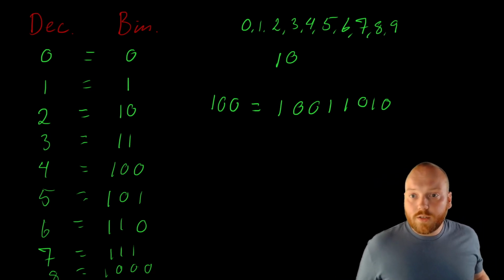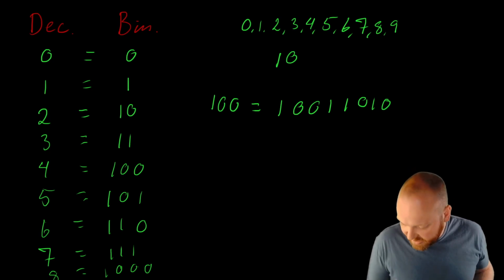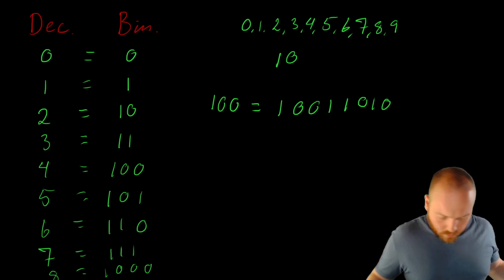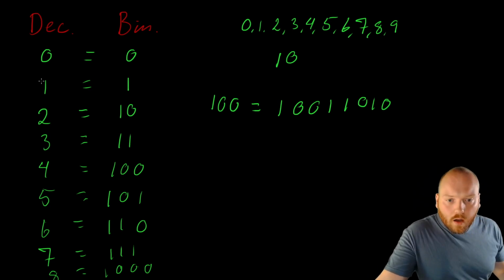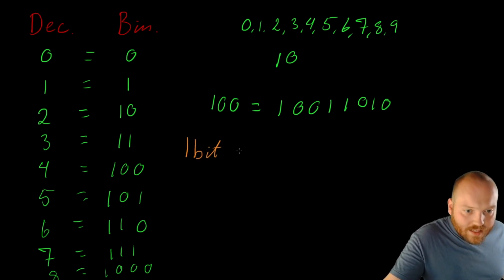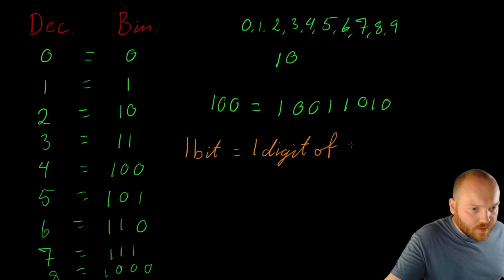Then we should understand what the difference is between a bit and a byte. So you can say, if I write here, 1 bit is 1 digit of zeros or ones.